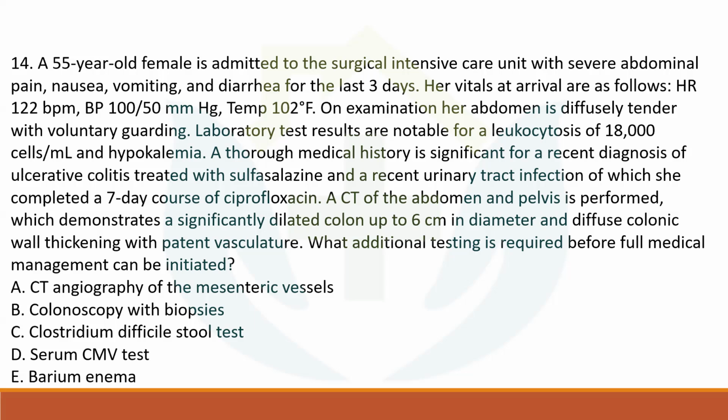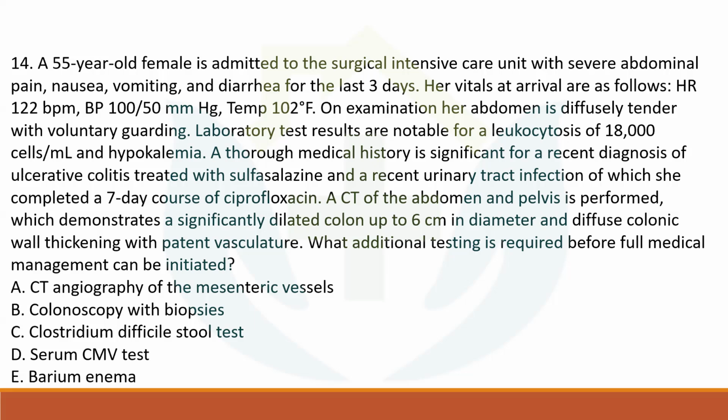CT abdomen and pelvis is performed which demonstrates a significantly dilated colon up to 6 cm in diameter and diffuse colonic wall thickening with patent vasculature. What additional testing is required before full medical management can be initiated? What additional test will you do in this patient?